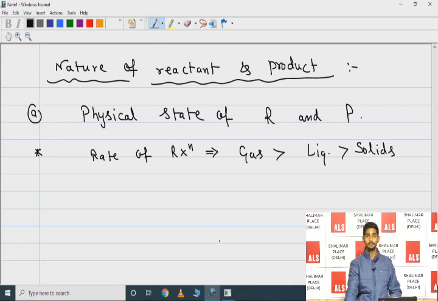Okay. If we talk about the rate, we can say that gases can react fastest, then liquids, and solids will be the slowest among all these.